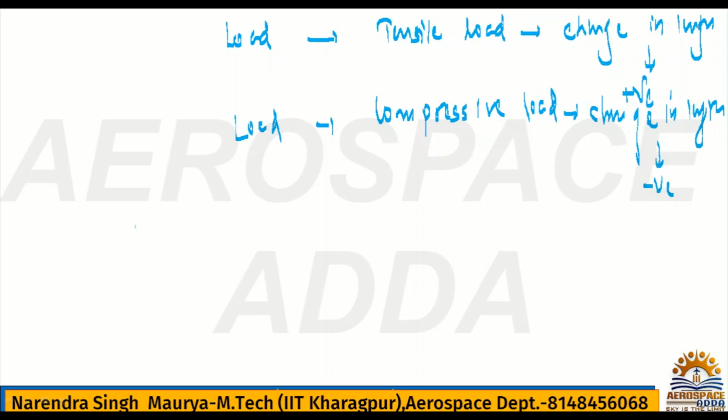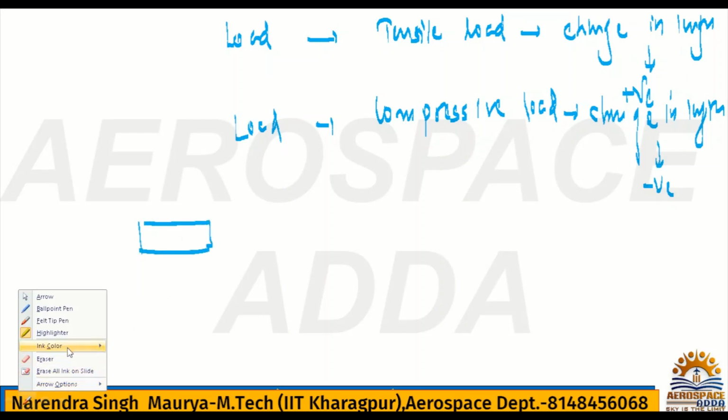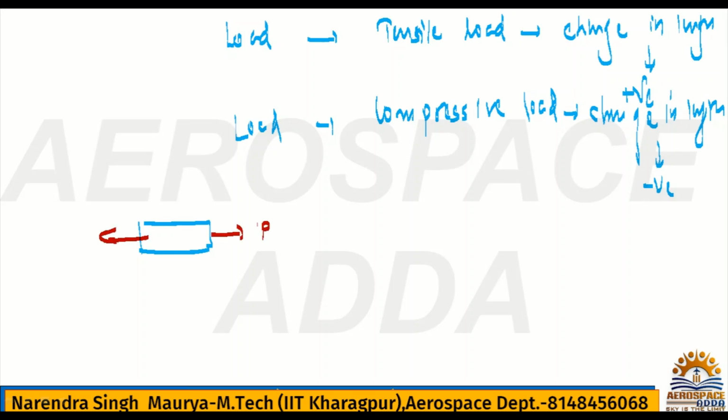Just for a simple example, suppose this is the bar. If this bar is subjected to this tensile load P, then whatever change in length delta L you get will be positive, an increment. That's the meaning of it.